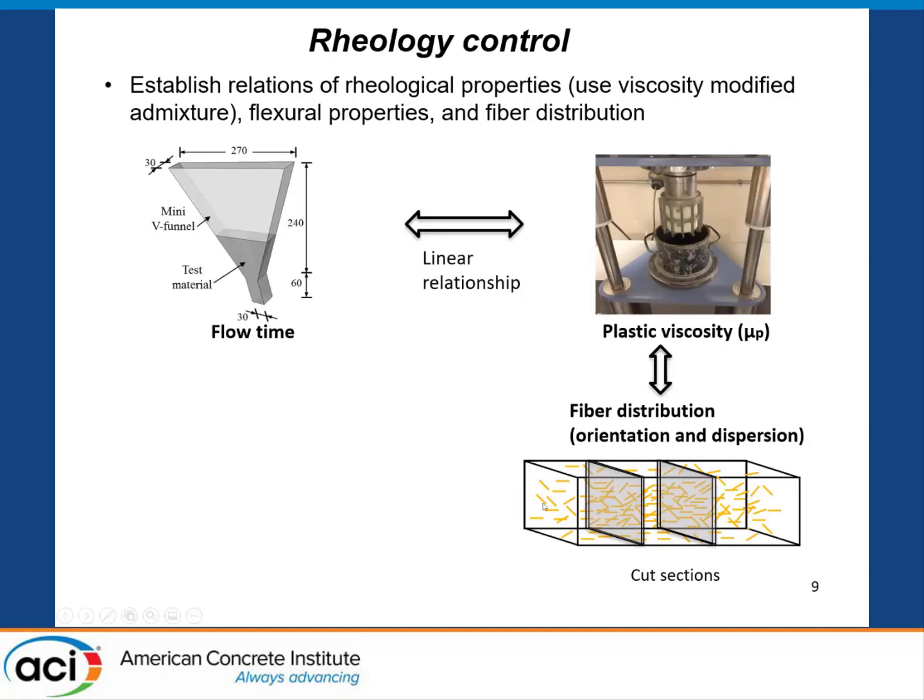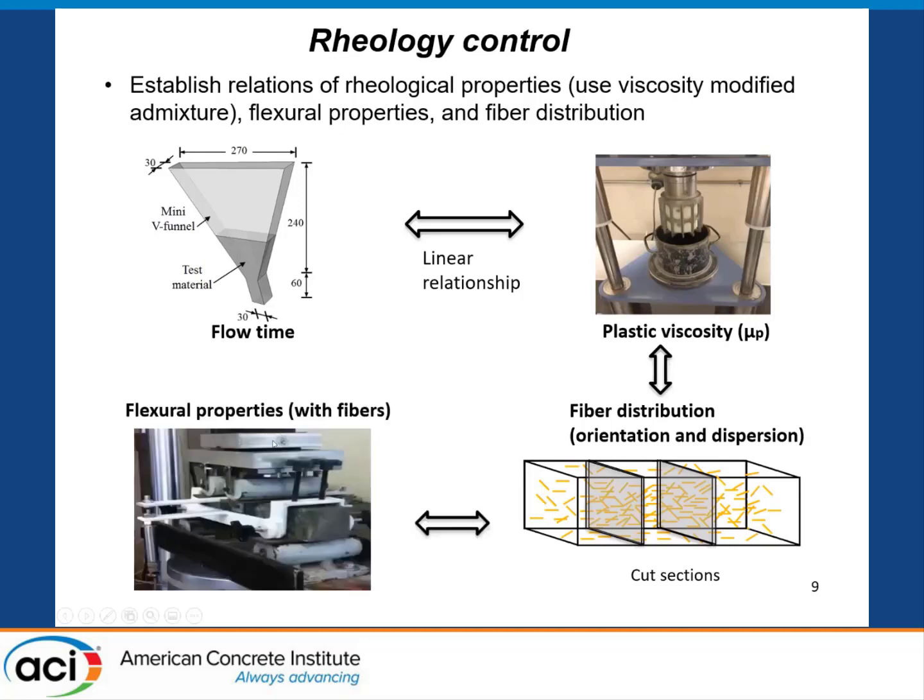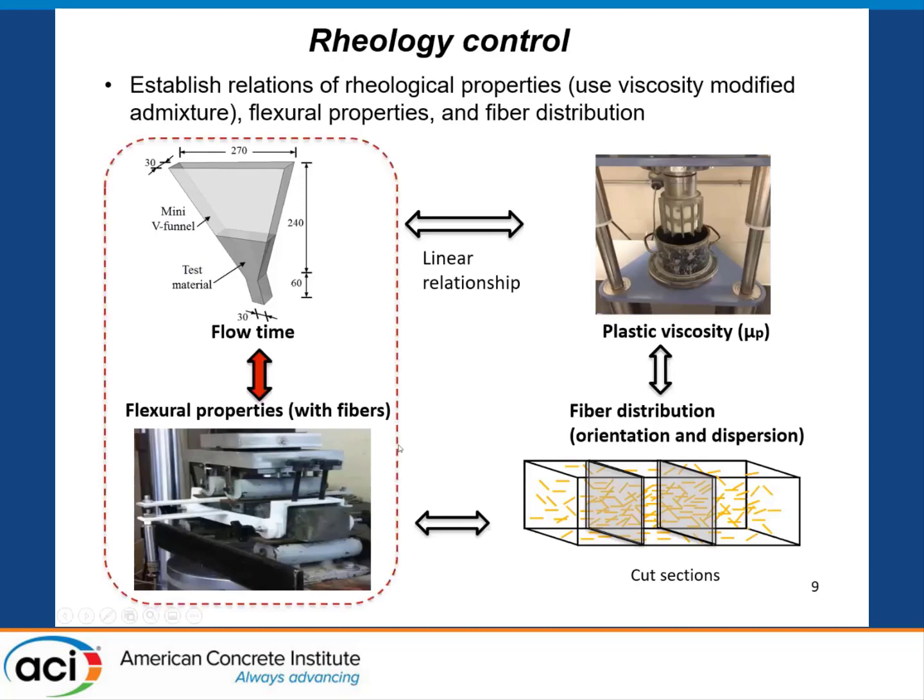And the different fiber distribution will result in different flexural properties. And eventually, we can establish a relationship between the flow time of the suspending mortar and the flexural properties of the UHPC, so that we can simply control the flow time of the suspending mortar to control the flexural properties of UHPC.